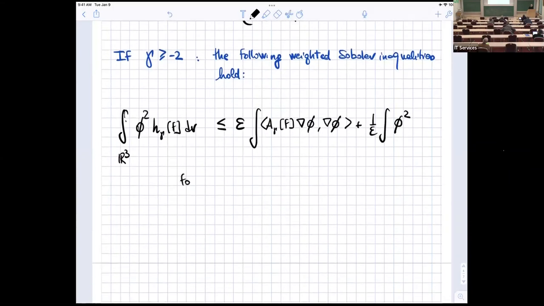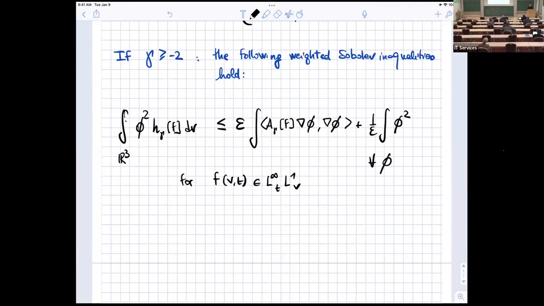For f, I mean, for us it's the solution of the Landau equation, but it doesn't matter. This is a general inequality, right? So phi is any function that makes the right-hand side bounded, H1, compact support, smooth, whatever you want. And f is a function that is just L infinity in time, but L1 in space.